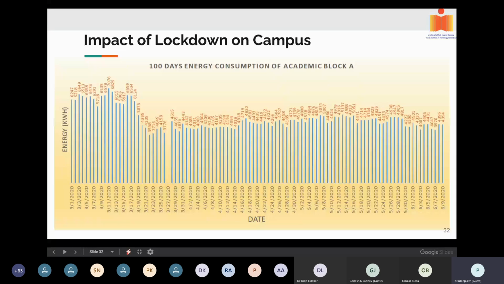The only thing is the classes are cancelled, and because of that, the daily energy, normally in the range of 6,500 kilowatt hours for that building, reduced to 4,500 kilowatt hours because all the class activity stopped. It did not become zero because of the data center and some lab equipment which run 24 hours.